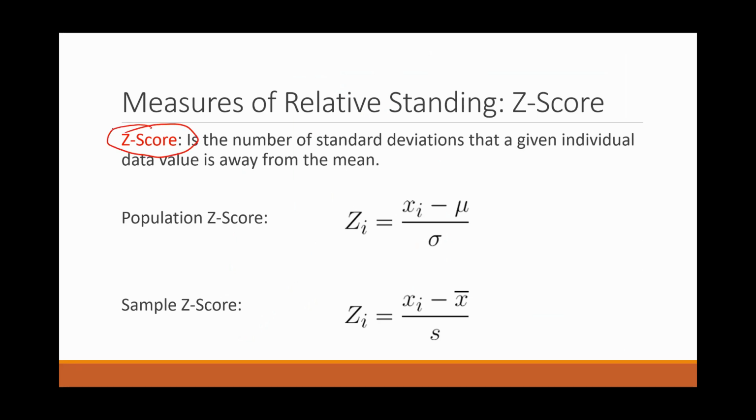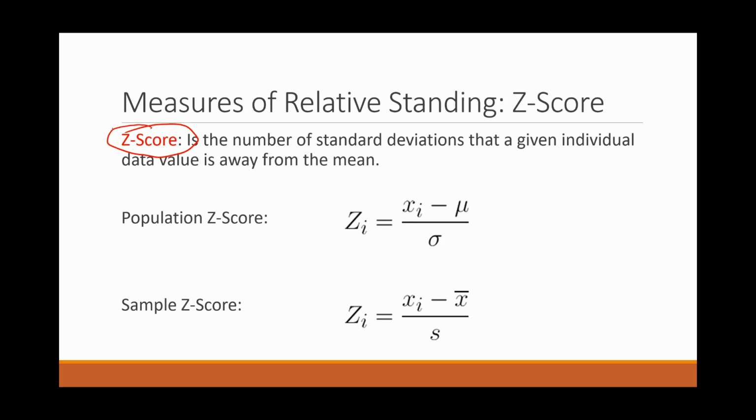A z-score is a specific number, and what it does is it tells us how many standard deviations a particular value is from the mean. So a z-score is exactly what I was saying earlier. When I said I wanted to know how far away 20 is from the mean in units of standard deviations, what I was saying was I would like to know the z-score that corresponds to 20.